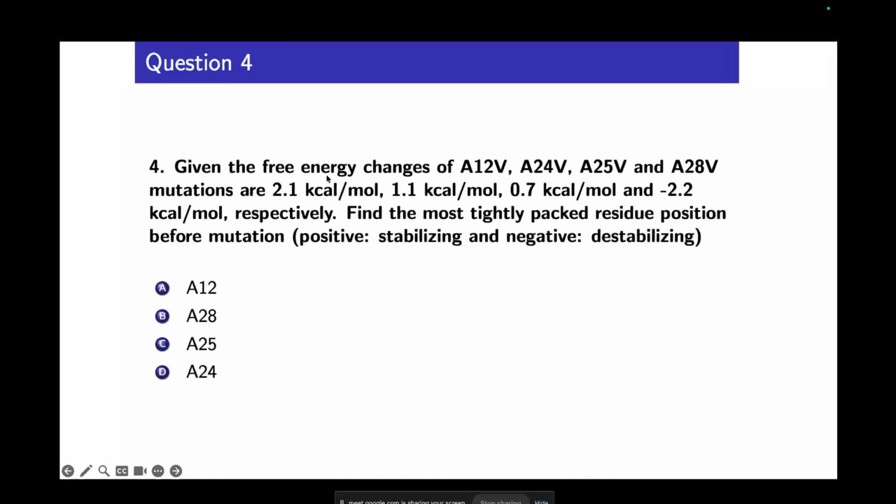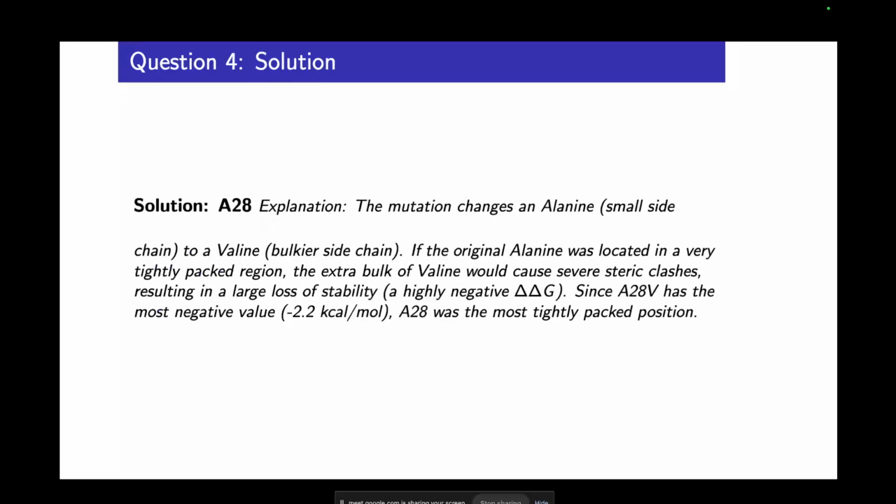So the question is, we are given free energies of these set of mutations, and we are asked which is the most tightly packed residue position. The mutation generating the highest delta G will be the one we are looking for.